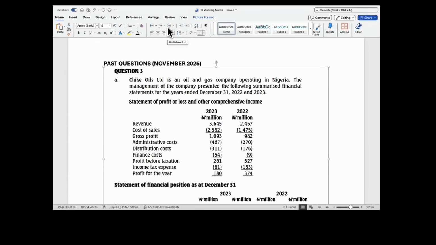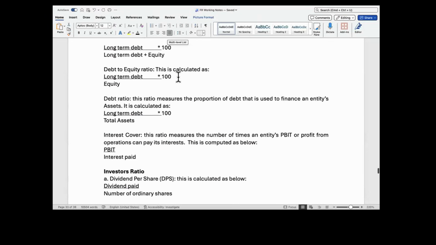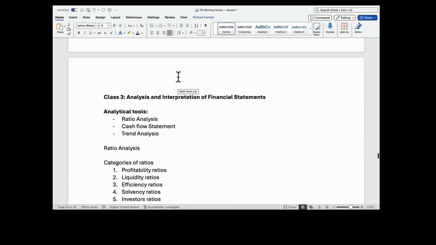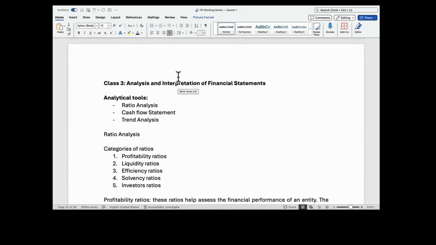Today we are going to proceed from where we stopped in our last class. Remember that in the last class we looked at analysis and interpretation of financial statements, and we discussed majorly ratio analysis as a tool for analysis and interpretation.